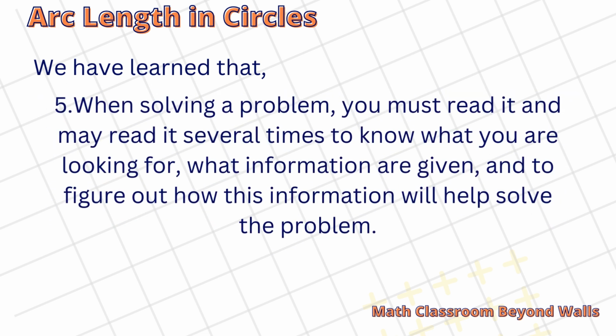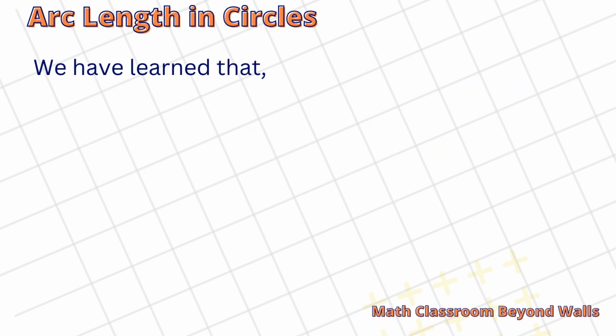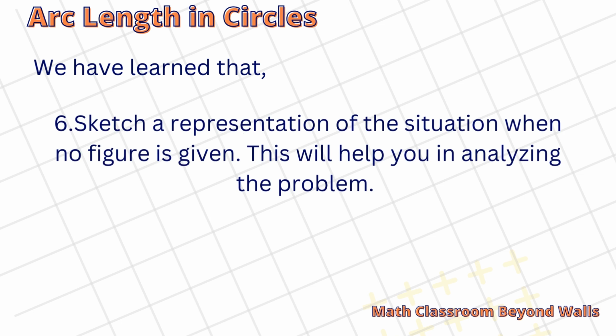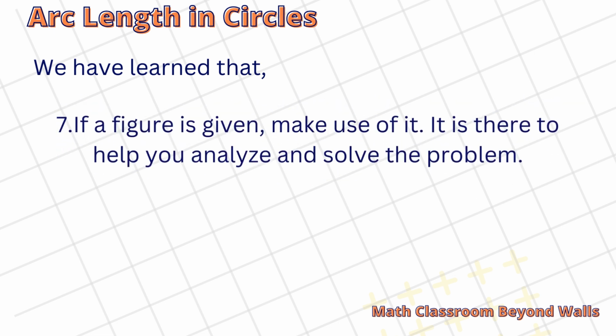Fifth, when solving a problem, you must read it and may read it several times to know what you are looking for, what information are given, and to figure out how this information will help solve the problem. Sixth, sketch a representation of the situation when no figure is given. This will help you in analyzing the problem. Number 7, the last one, if a figure is given, make use of it. It is there to help you analyze and solve the problem.